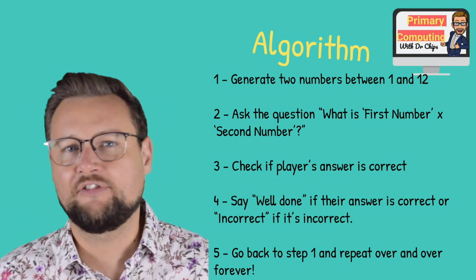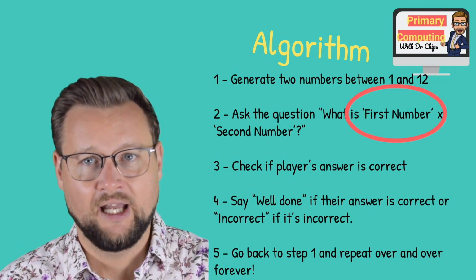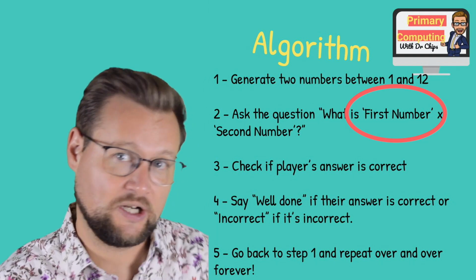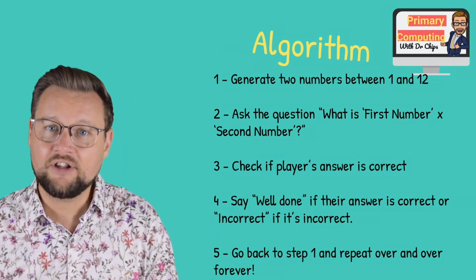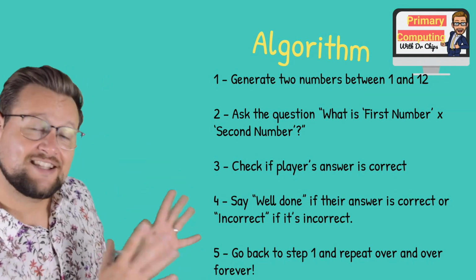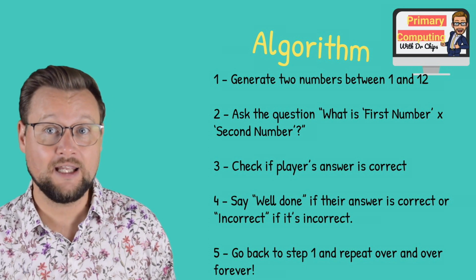So I'll help you out with the first one. I think we'll need a variable for first number, as this is going to be different each time the program asks a question. So over to you, have a think. What other variables are we going to need to turn this algorithm into code in Scratch? Pause me in 3, 2, 1.